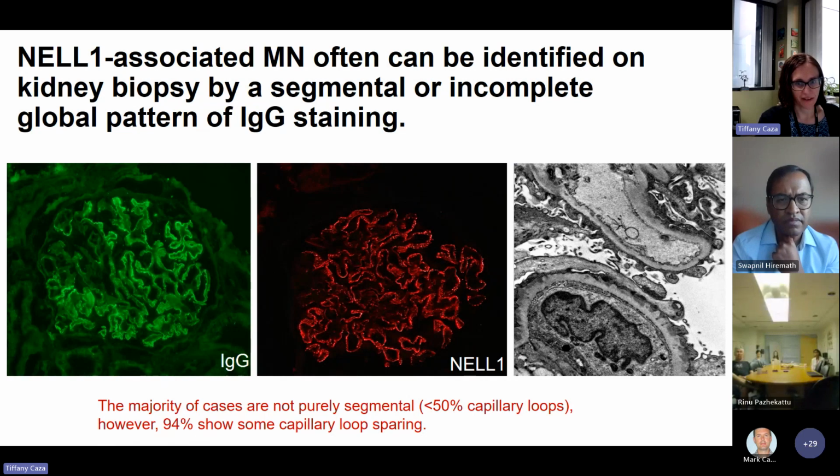You can see here with IgG and NELL1, as well as an ultrastructural photomicrograph where you have immune deposits and a loop without. And of all cases of segmental membranous, the converse, NELL1, would be the most common antigen.